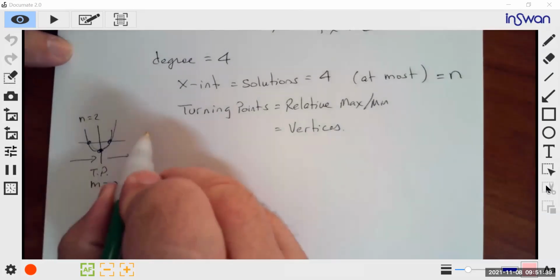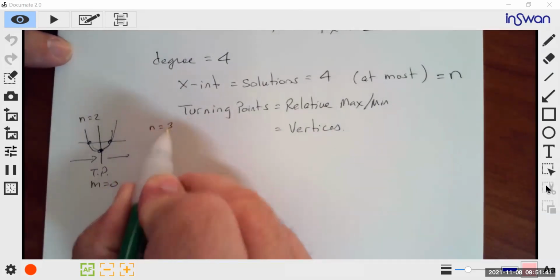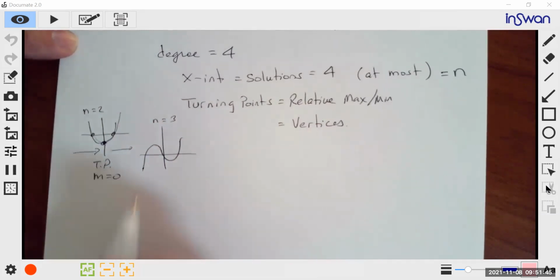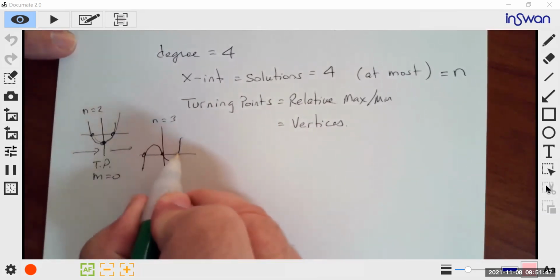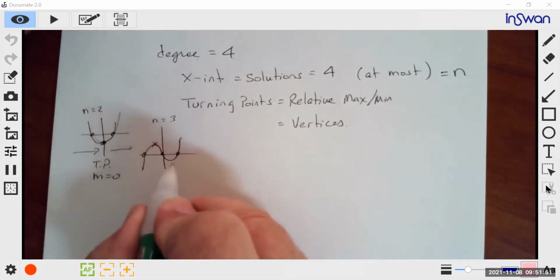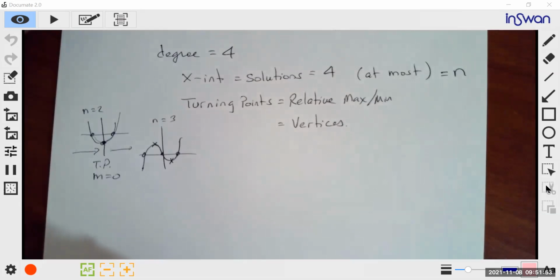So let's say we had n equals 3. We have 3 x-intercepts. How many turning points? 2. Can you see a formula yet for turning points?